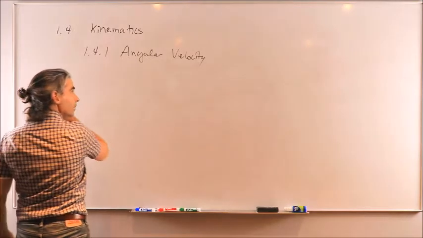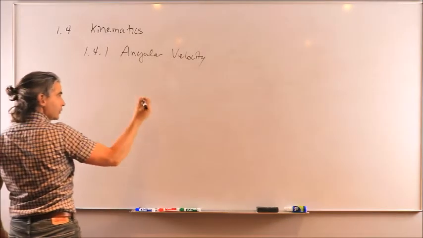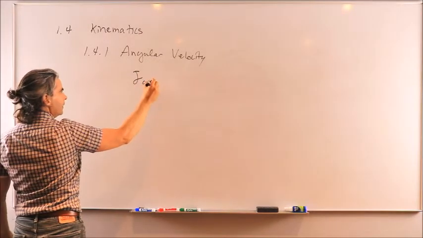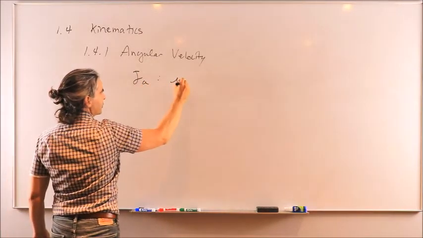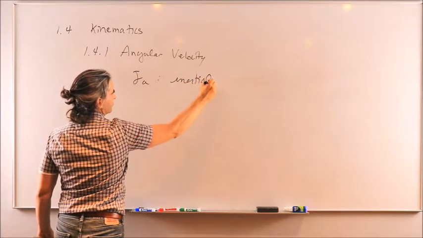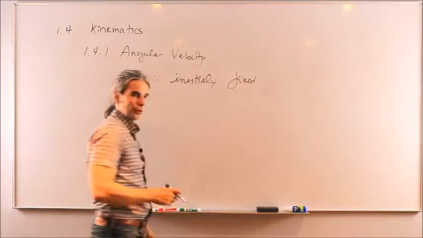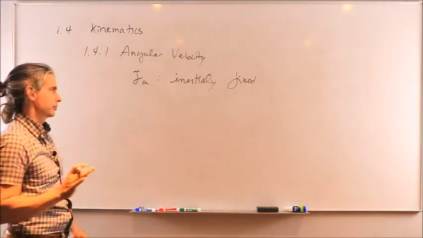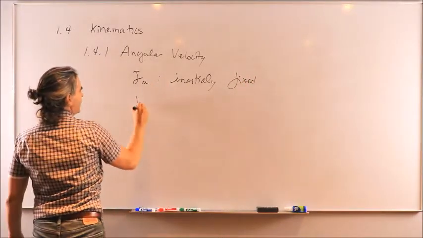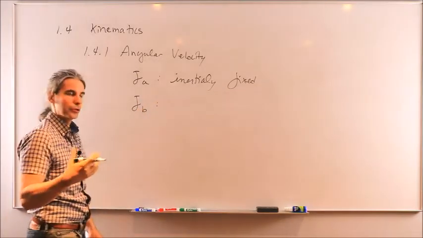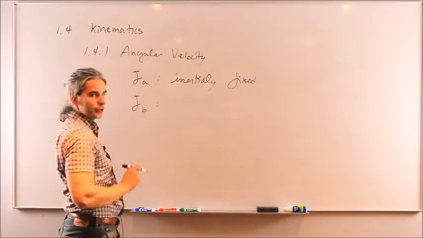So to do that, we'll involve two reference frames. The first one is reference frame A, and we're going to assume that this one is inertially fixed. In other words, it doesn't move at all. It is set in concrete. And then I'm going to have reference frame B, which happens to have motion now with respect to the fixed reference frame.